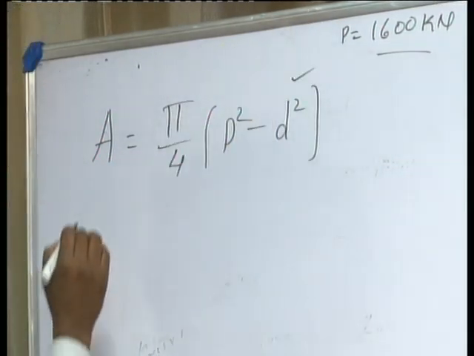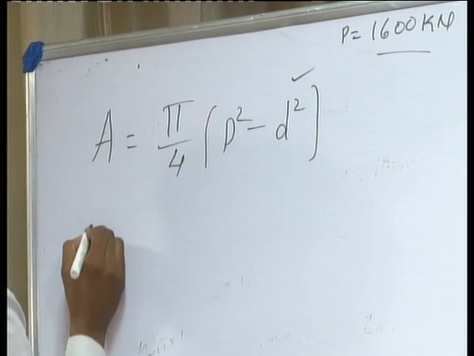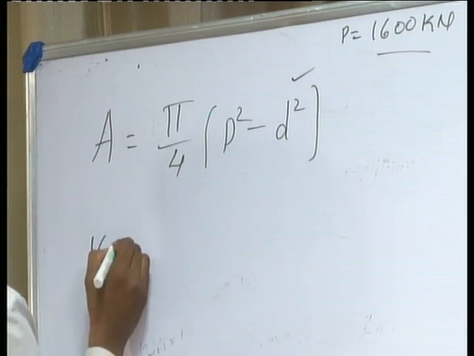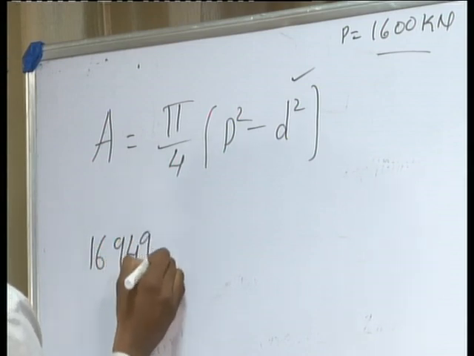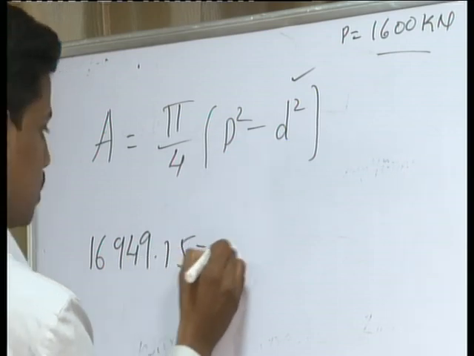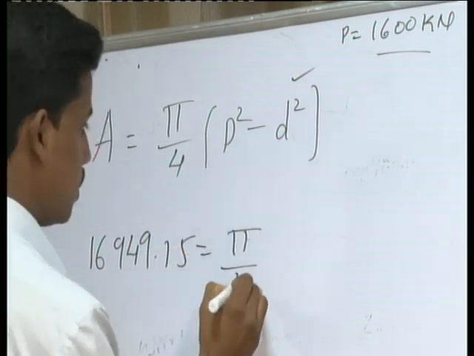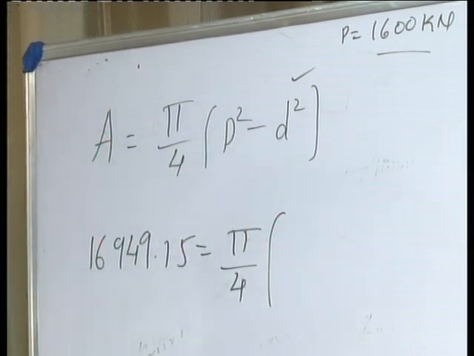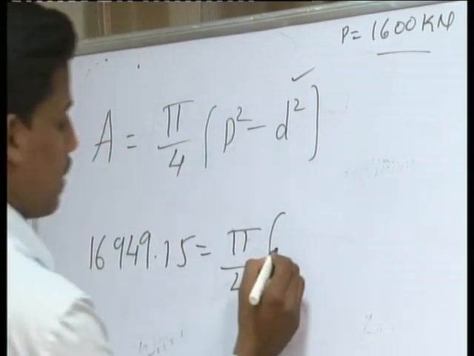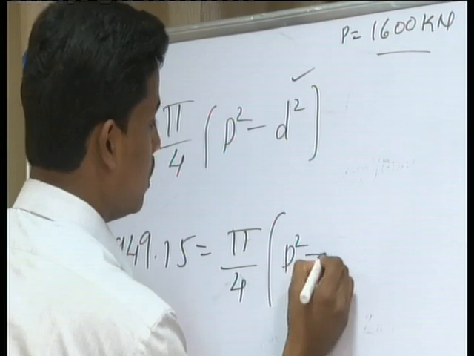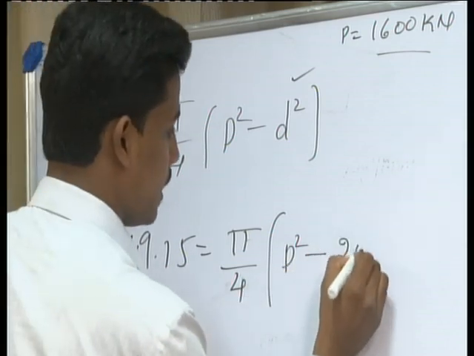Small d is given, so we know 16949.15 is equal to pi by 4 into D square minus 200 square. We have to calculate capital D.